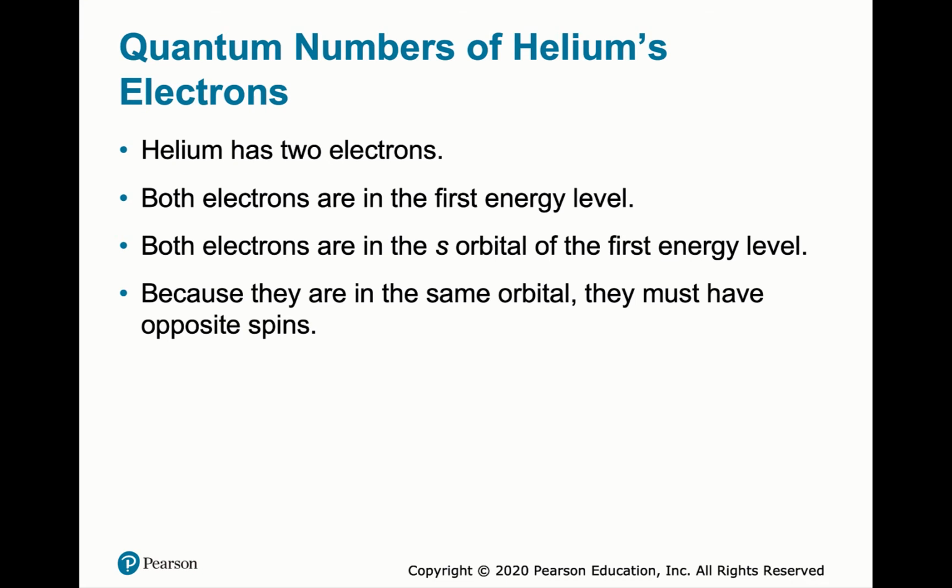And let's look at helium. Helium has 2 electrons, and one's going to be spin up and one's going to be spin down. So they're going to be in the s orbital, and so same things. N equals 1, principal quantum number is 1, L is 0, indicating s, m sub L is 0. One's going to be spin positive 1/2, the other one's going to be negative 1/2, and they have opposite spins.